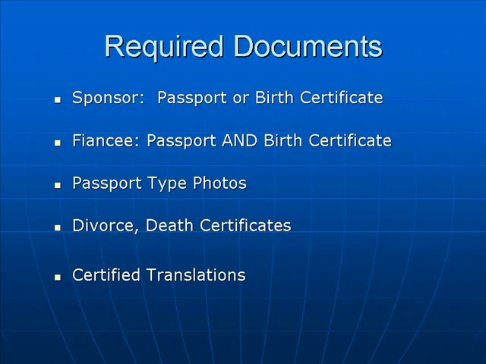In the case of the fiancé, she needs both passport and her birth certificate. Both sponsor and fiancé should submit two passport type photos each. Finally, if anyone has been previously married, you should present a copy of a divorce or death certificate or whatever is appropriate.